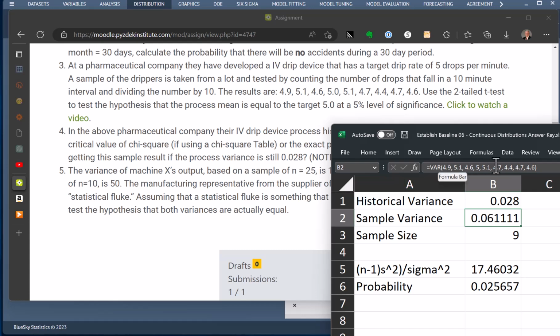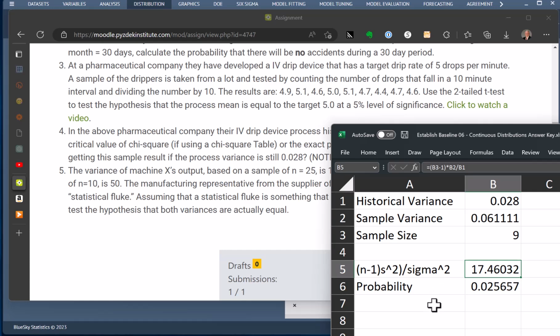So the variance of our sample is 0.06111. The historical variance is 0.028, and we took a sample size of 9. And this is the calculated value of chi-square. So it's equal to the degrees of freedom times the sample variance divided by this denominator.